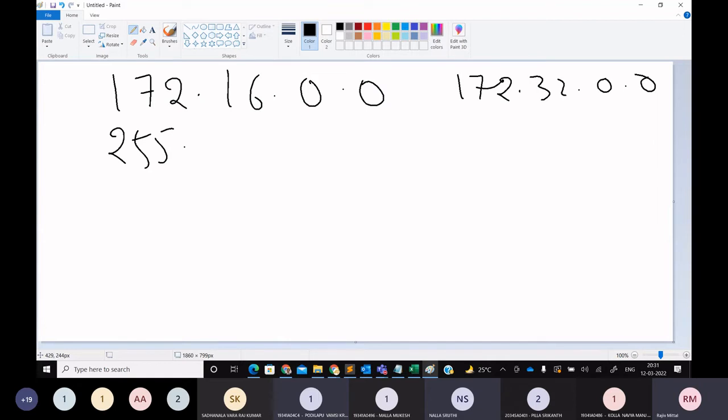What will come here? 255 dot, tell me. What is the second octet? 255.255.